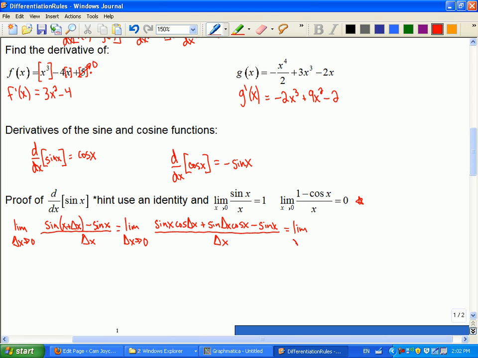So I'm going to rearrange it like this so you can see how this falls into becoming the cosine. This will be sine x cos delta x, and I'm going to move this piece over because now I can do some factoring. And this will be sine delta x cos x.